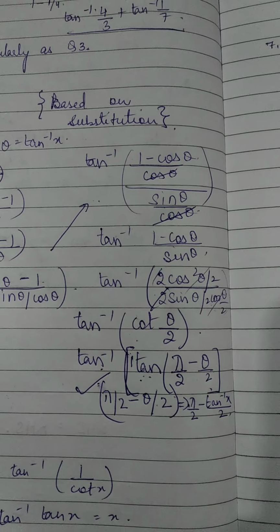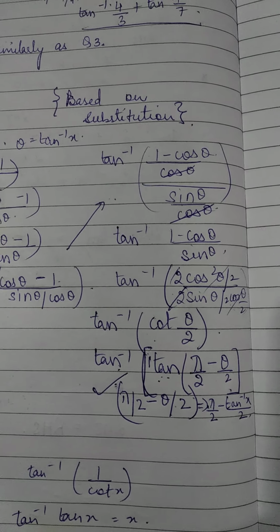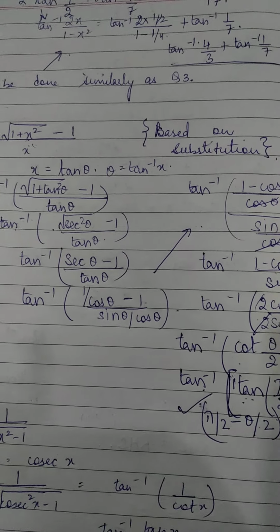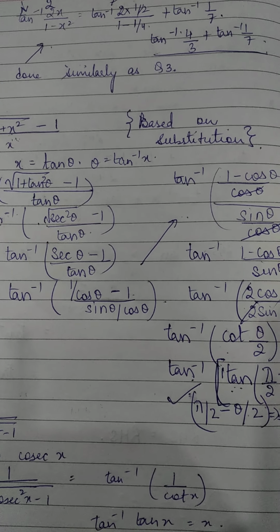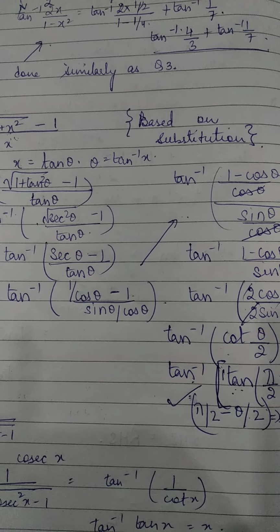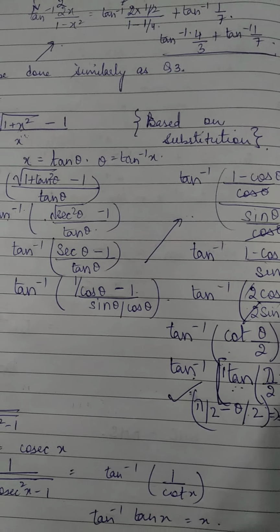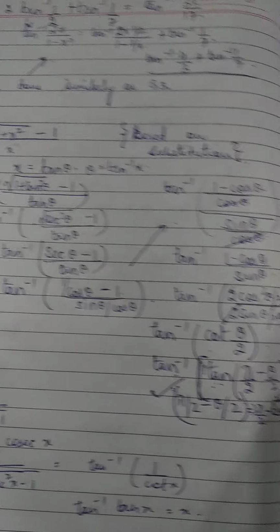This will be our final simplest form. I hope it's clear, students. All these formulas have been discussed earlier in your class 11th. You need to memorize them all. So this is how you are going to solve this in the simplest form.